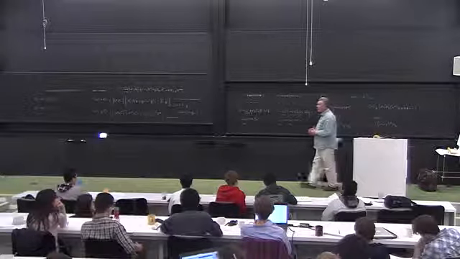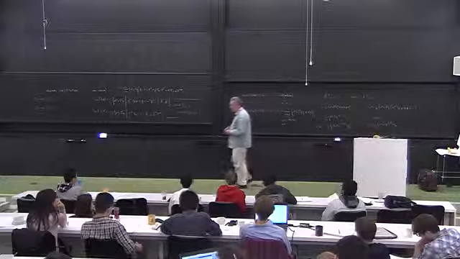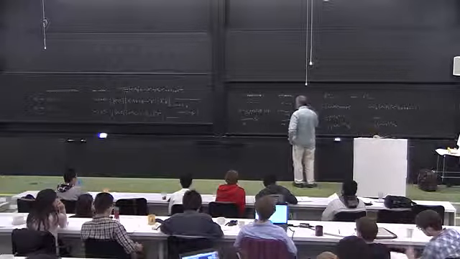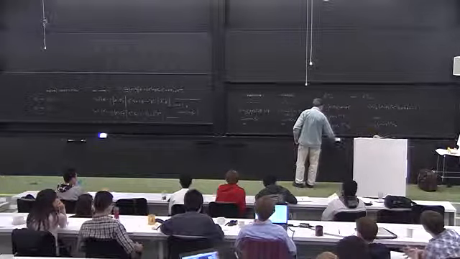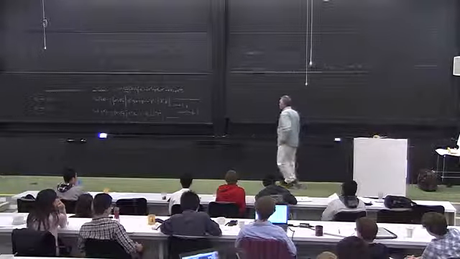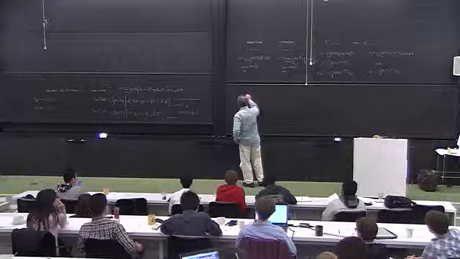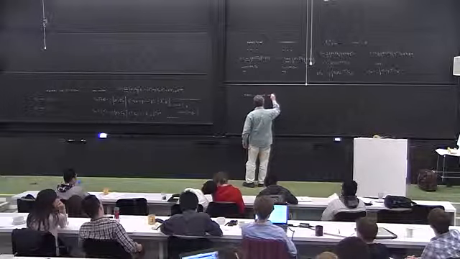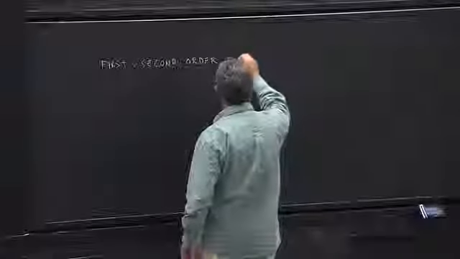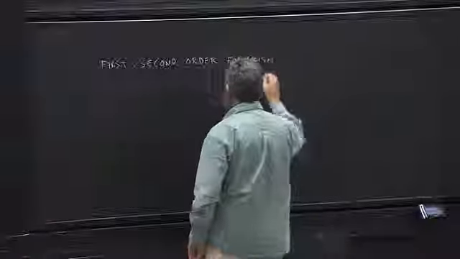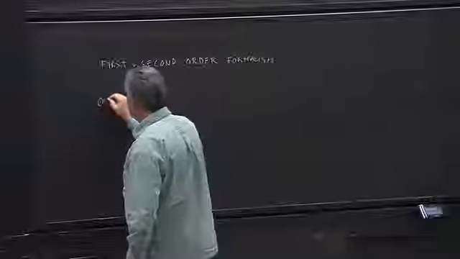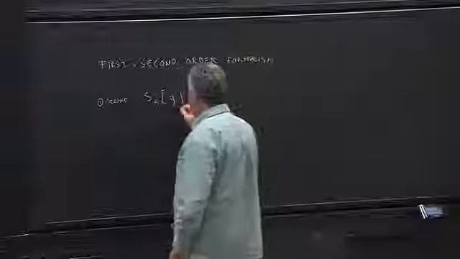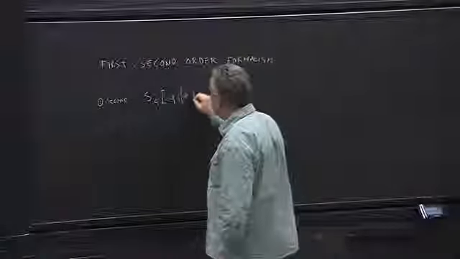Now, this has a bearing on what we said about first and second order formalisms, because you remember in the second order formalism, we have an action that depends just on the metric and possibly some matter fields.